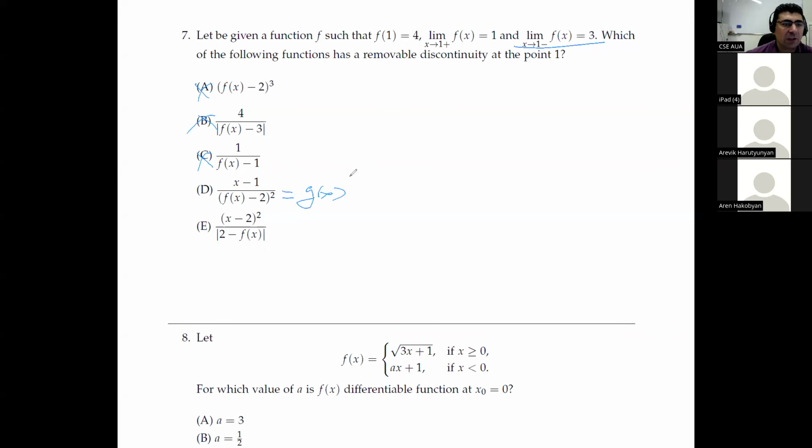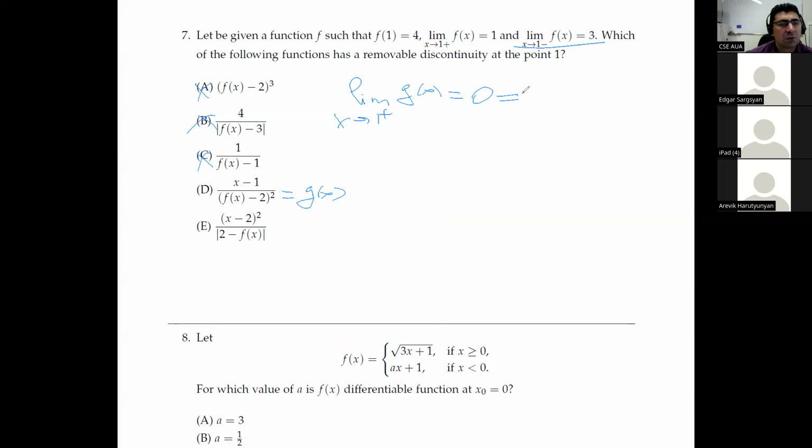Let's calculate limits. X tends to 1 from the right side of g of x. The numerator on both sides is 0, 1 minus 1, 0 over some constant. So from both sides it's 0. Can we say D is the correct answer and move forward?